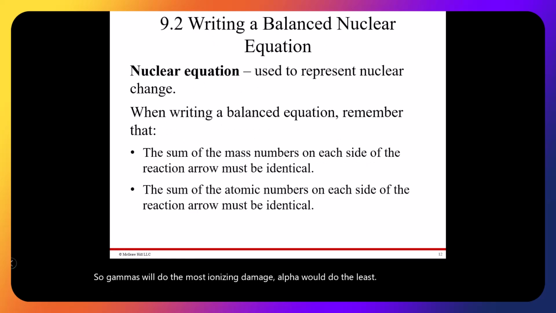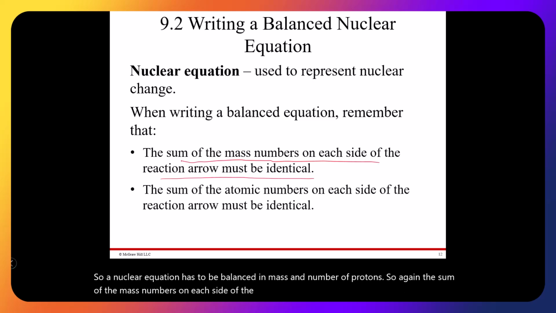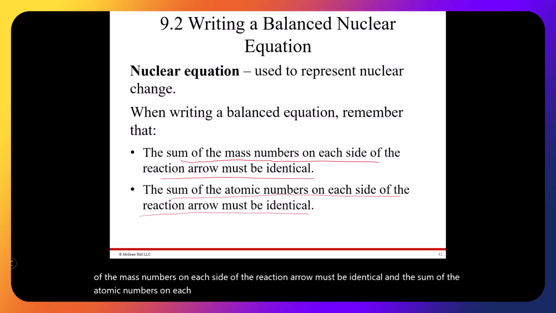So we want to be able to write a nuclear equation of what's happening. A nuclear equation has to be balanced in mass and number of protons. So the sum of the mass numbers on each side of the reaction arrow must be identical, and the sum of the atomic numbers on each side of the reaction arrow must be identical. If they're not, you've made a mistake. All right?